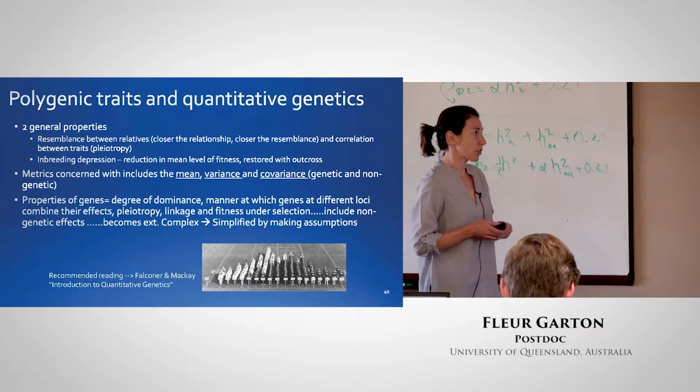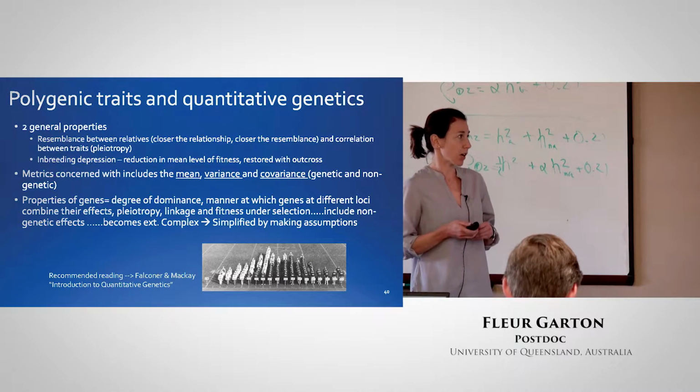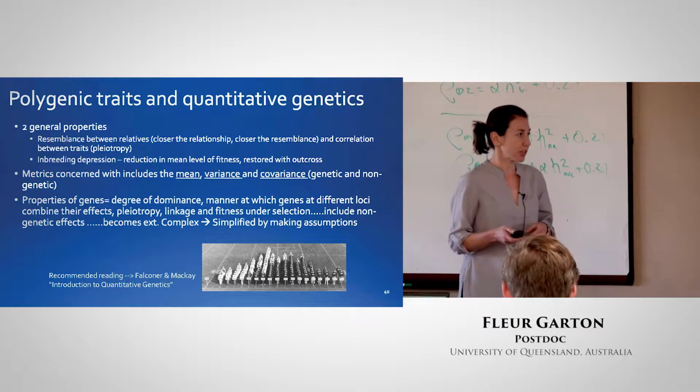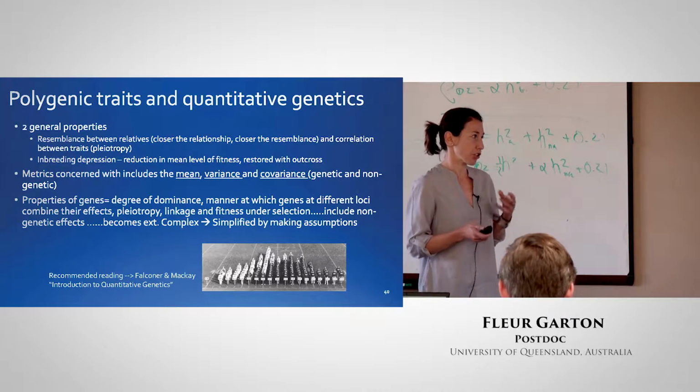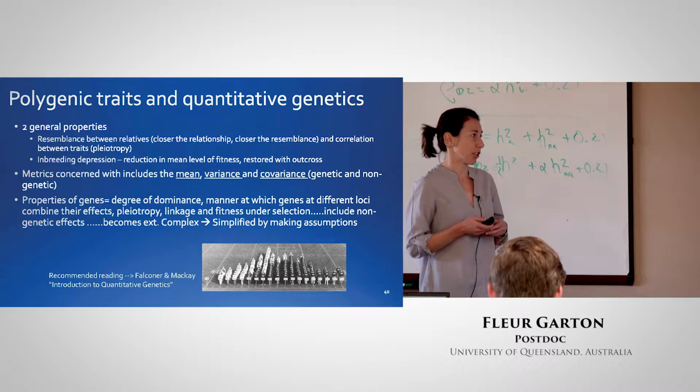The metrics concerned with polygenic traits include mean, variance, and covariance. These are both genetic and non-genetic. When we talk about the properties of genes, things you want to think about are degree of dominance, the manner in which genes at different loci combine their effects, so gene-gene interactions, pleiotropy, and linkage and fitness under selection.